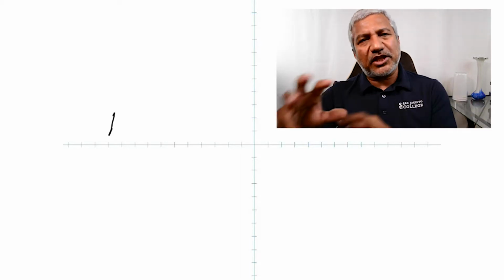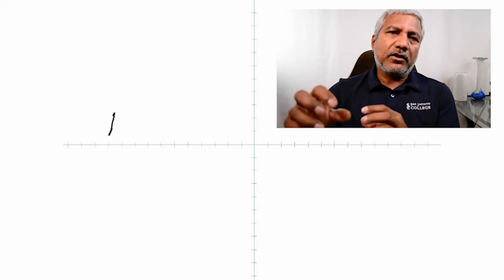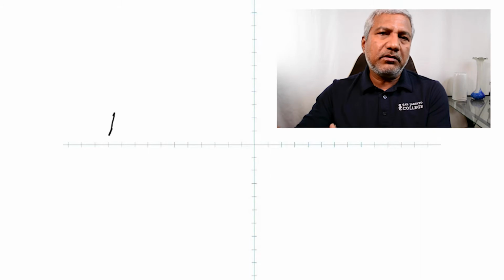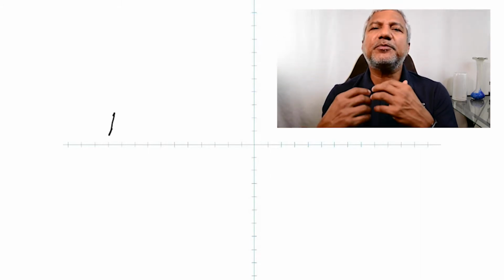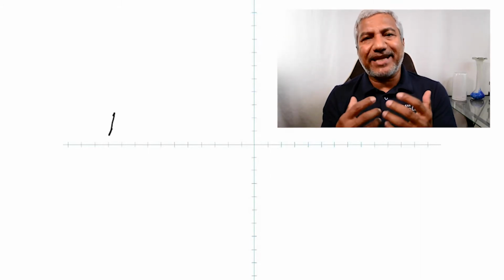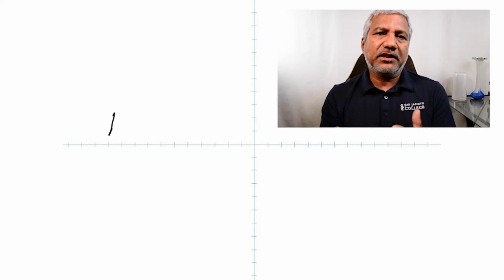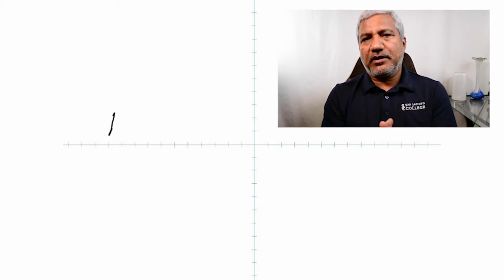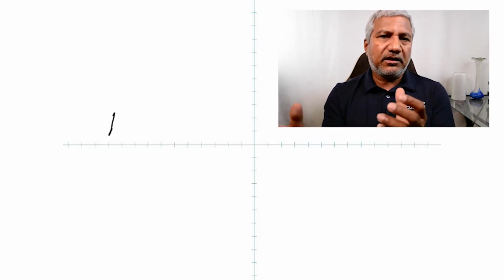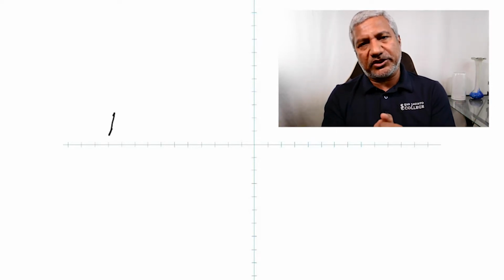Now, when we come to rotational motion, although mass plays a role, definitely, the distribution of the mass from the axis of rotation is also important. So it's not just the mass, it's also the distribution of the mass about the axis of rotation that's important.